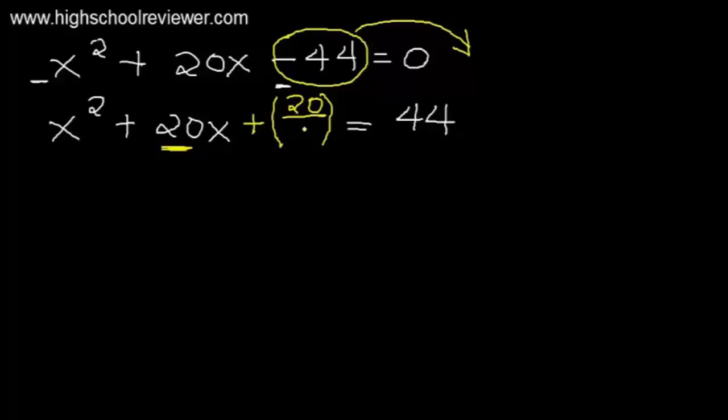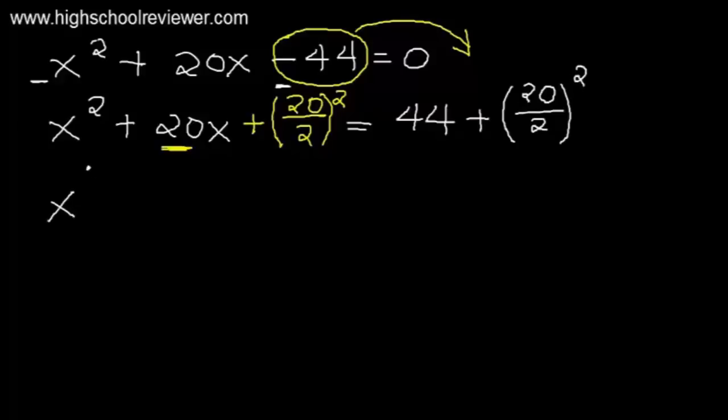And the denominator is a constant 2. And then raise this to the power of 2. Now, whatever is added on the left side must also be added on the right side so as not to change our equation. We will have here 20 divided by 2 raised to the power of 2.